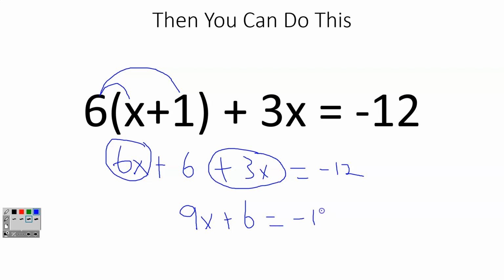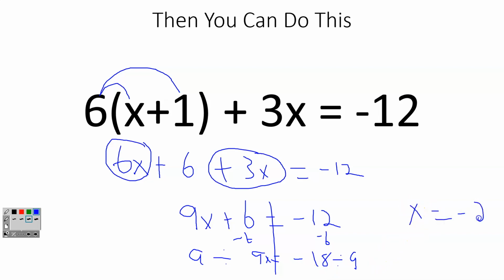Bring down my negative 12. Now I have a two-step problem. Subtract 6. That gives me 9x on this side, and on this side that gives me a negative 18. I'm going to divide both sides by 9. And I come up with an answer of x equals negative 2.